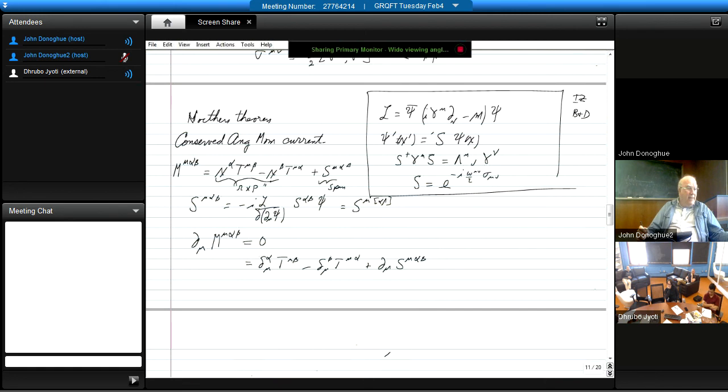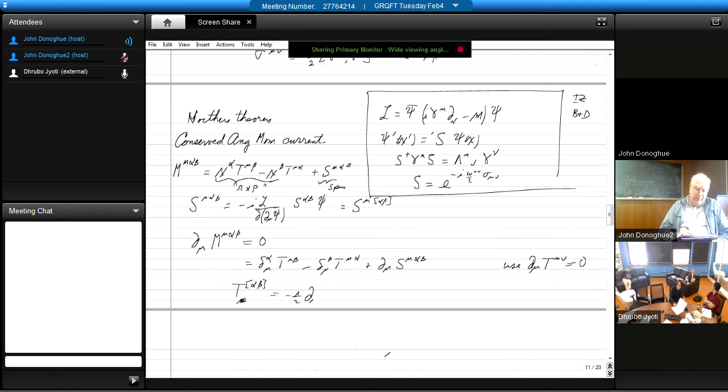So the spin piece isn't conserved by itself. You've used here that the derivative of T mu nu is 0. But this then tells me that the antisymmetric piece alpha beta of T mu nu is minus i over 2 times the derivative of the spin piece.